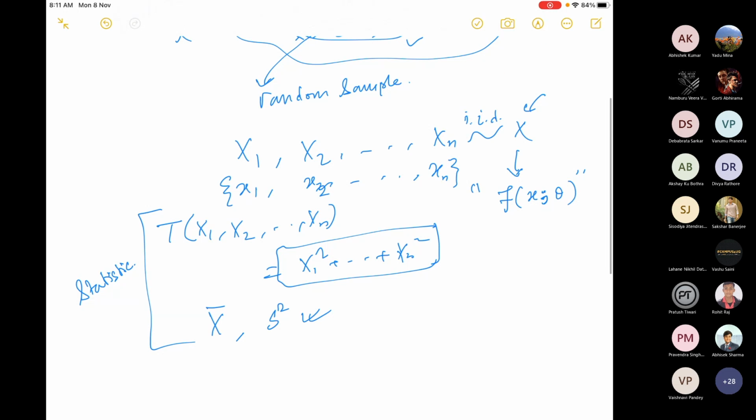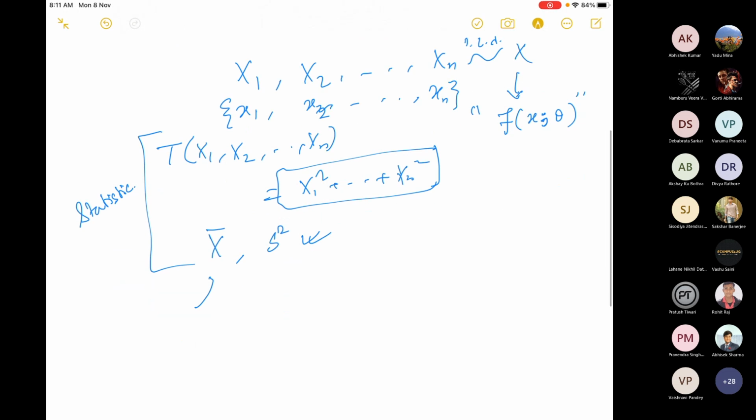Or if I take the sample mean, this is the sum over xi, i equal to 1 to n, multiplied by 1 by n. So if we have sample data, I can replace capital Xi by small xi, and I would get a number, a value. A similar thing I can do for the sample variance.